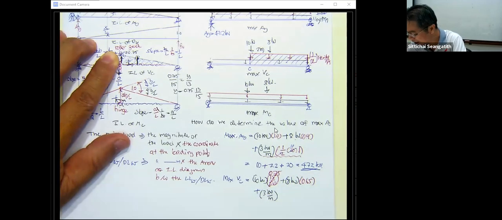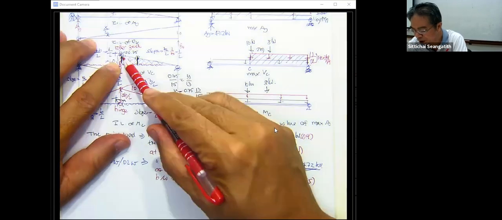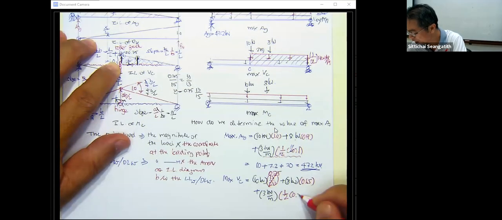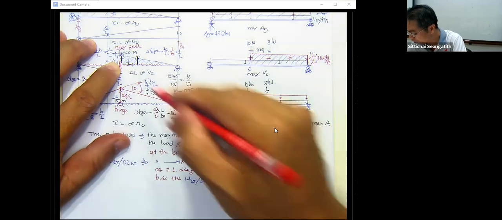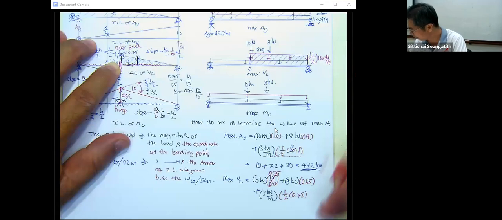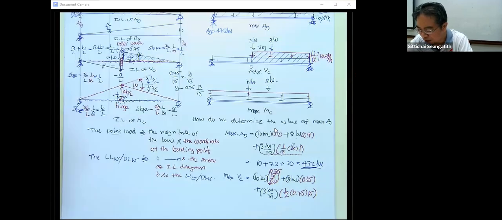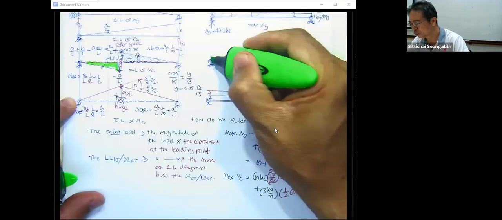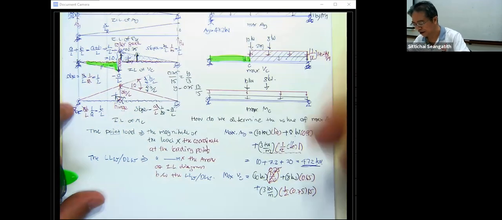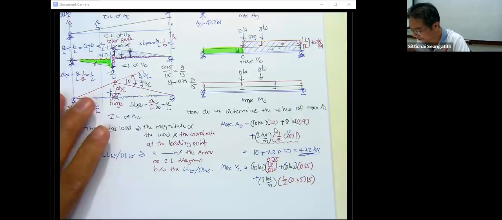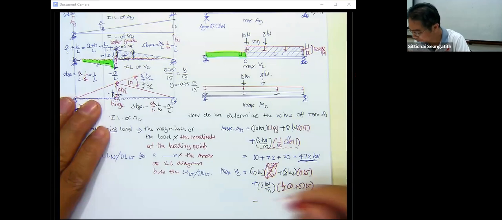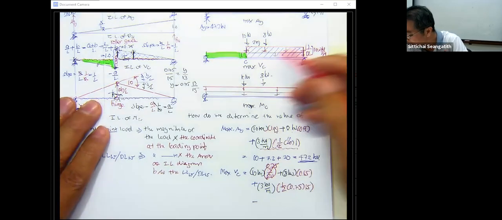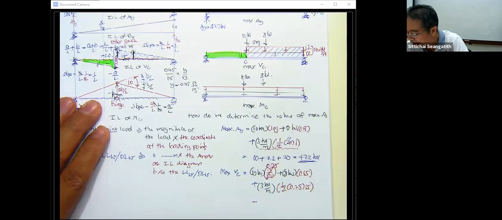Next we plus this one by again 3 kilonewton per meter. However, the area is going to be 1/2 of 0.75 times the length here, which is going to be 15 meters. And not enough of that. This time we have this one that produces the negative effect on the V sub C. You got to minus this one by what? This one is the dead load, right?